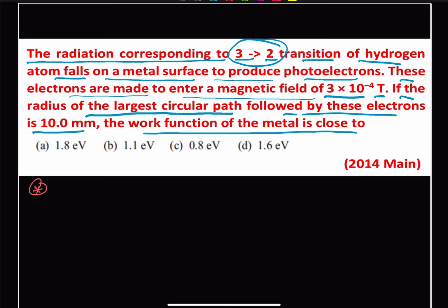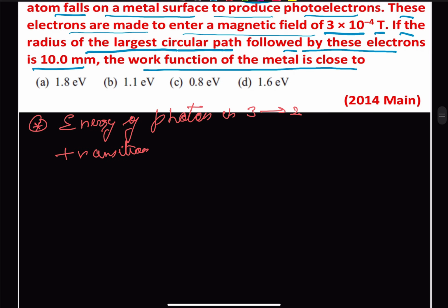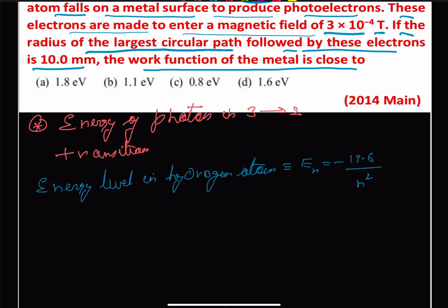For the nth energy level in a hydrogen atom, we know the formula: E of n is equal to minus 13.6 upon n squared electron volt.